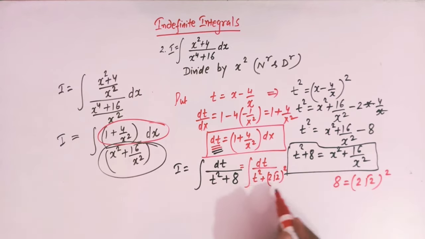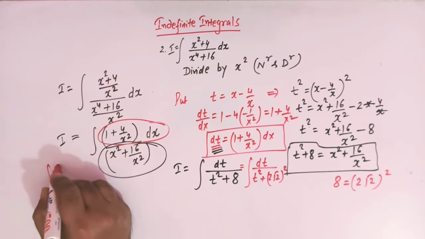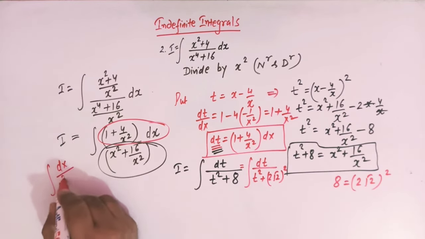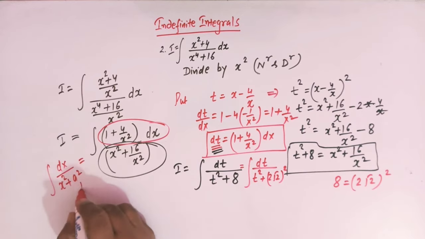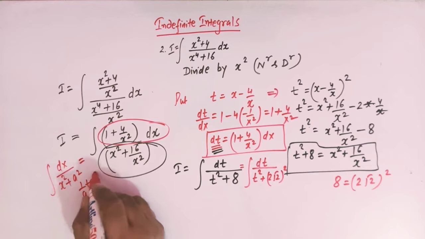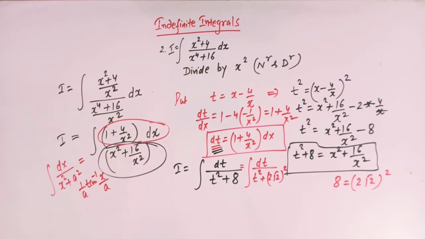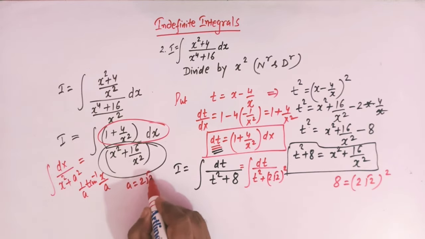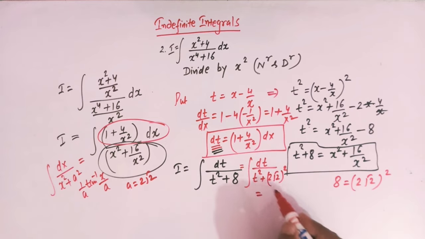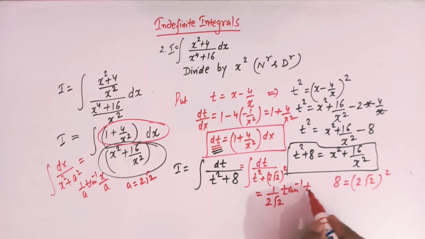Now this becomes a very simple and standard integral, and we know that the integral of 1 over (x square plus a square) is equal to 1 over a tan inverse x over a. So here for a we can write 2 root 2. So this integral becomes 1 over 2 root 2 tan inverse t over 2 times square root of 2, and here we'll have the constant of integration c.